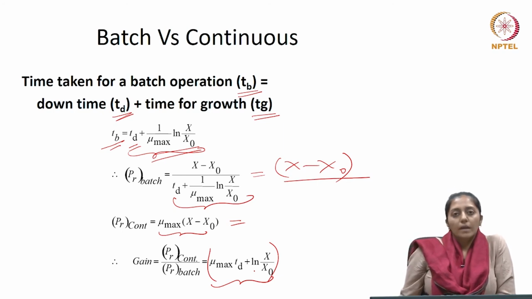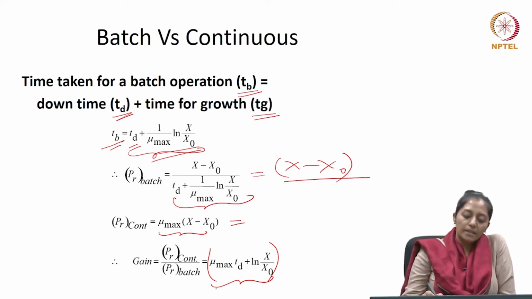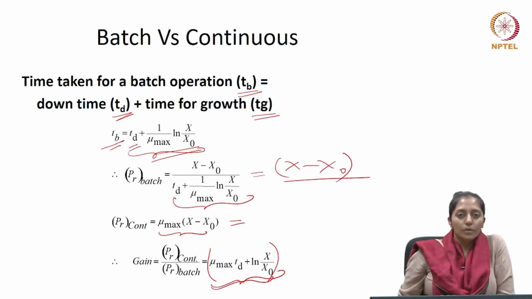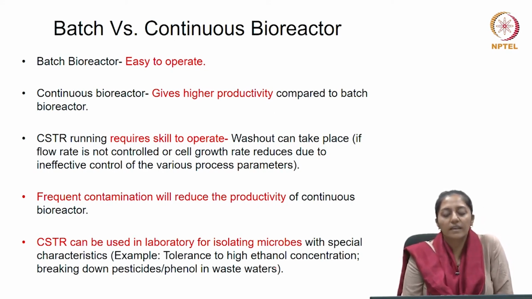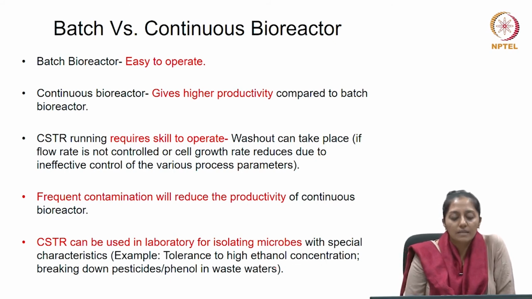So, this in a way proves that the productivity in a continuous reactor is higher than in batch by this much fold. Comparing batch versus continuous reactors, batch reactors are easy to operate. Continuous reactors give higher productivity as compared to batch reactors.